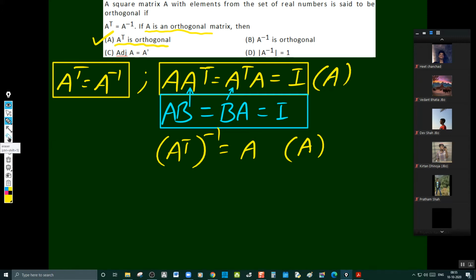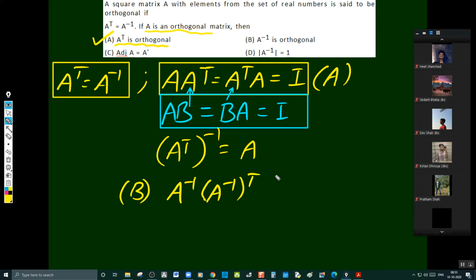So next one is A inverse is orthogonal. What is to be done here? I'm talking about option B here. A inverse into A inverse whole transpose must be I. Whether it is possible or not, you have to check.